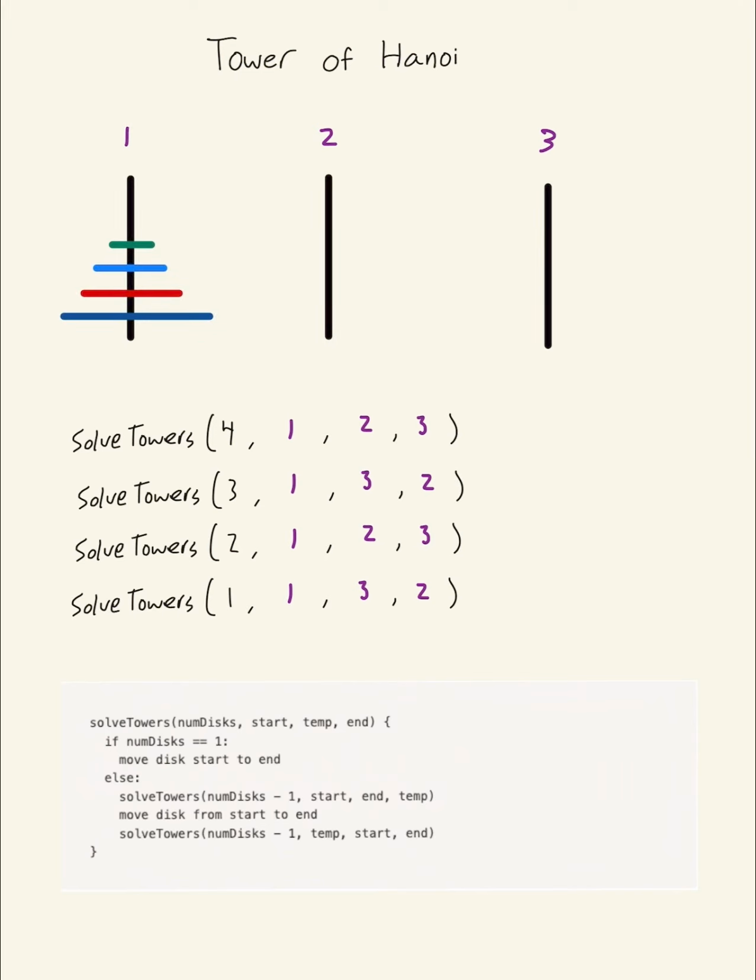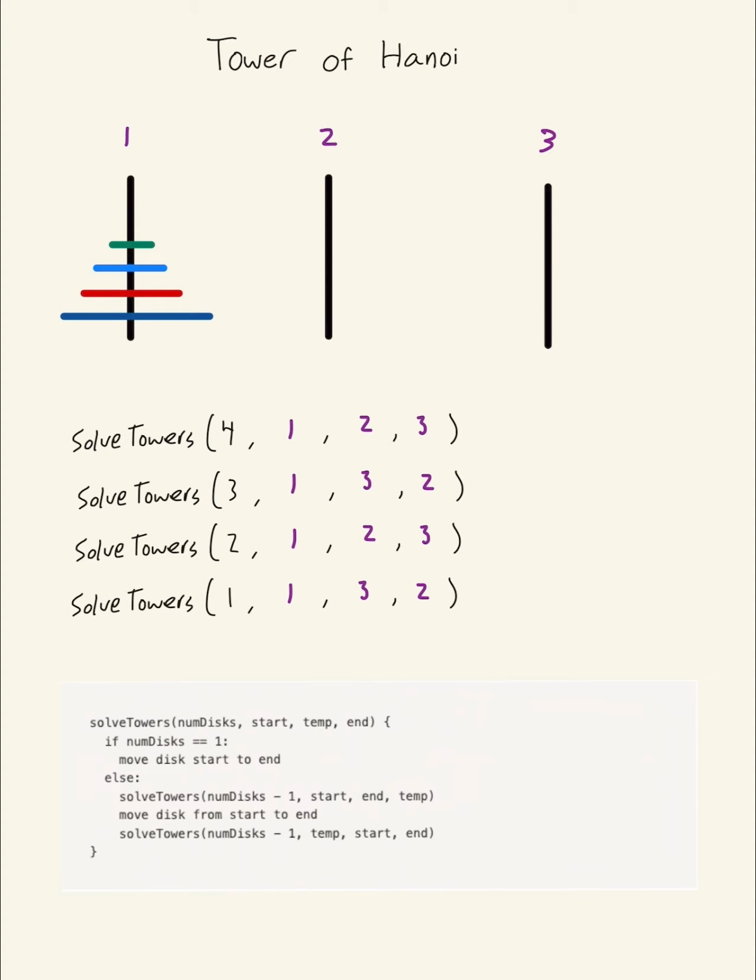So this problem sets itself up perfectly to be solved in a recursive manner. And the recursive problem here is, how do we get these 3 disks over to this temporary pole so that we are then able to move the largest one over to the end pole?